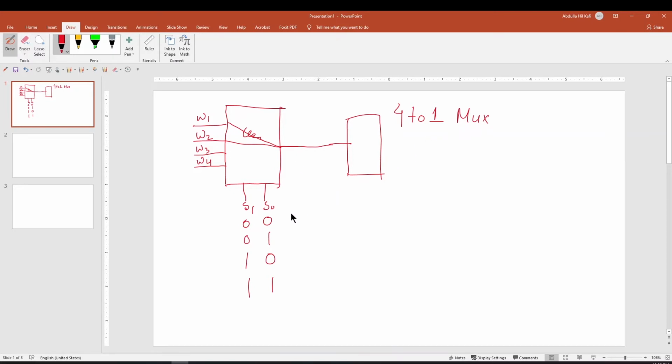Now another question is how you will know how many selection pins you need. There is a very simple equation.